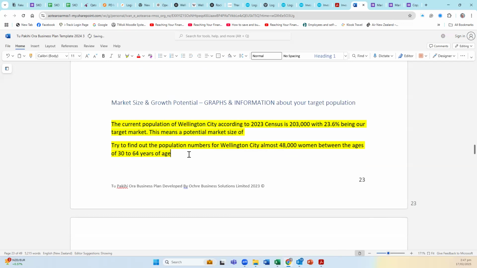So that tells the vetter that's a huge number of women you could potentially target. Again, that gives a bit of confidence for the vetter that is the case.